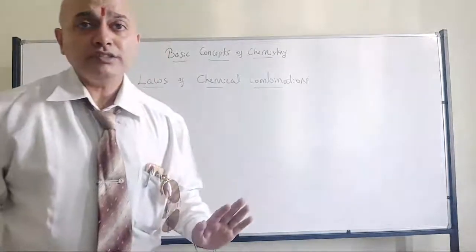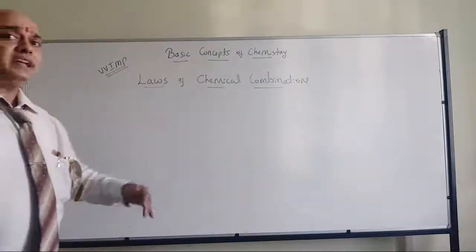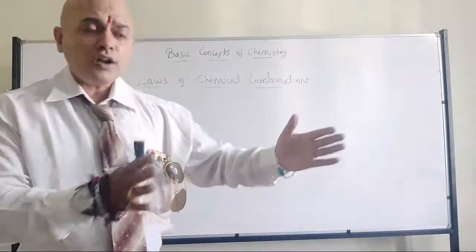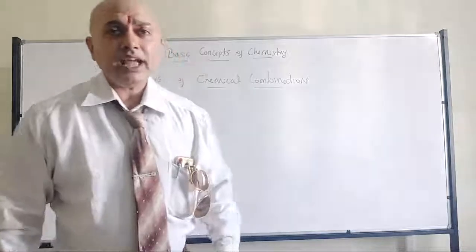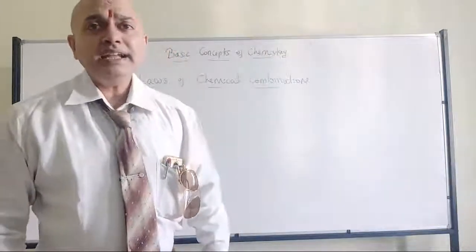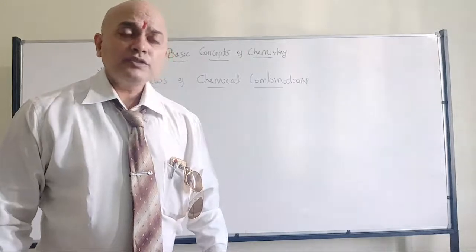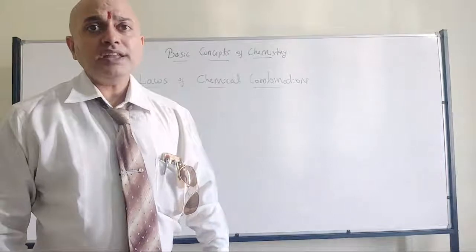Don't worry about all those things. But at this moment, we cannot create matter or destroy matter. I am talking about a regular chemical process. During that time, we cannot create any element. Got my point? Sodium cannot be created, a new element cannot enter into a reaction.